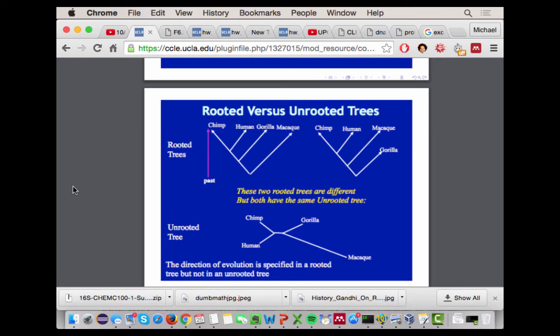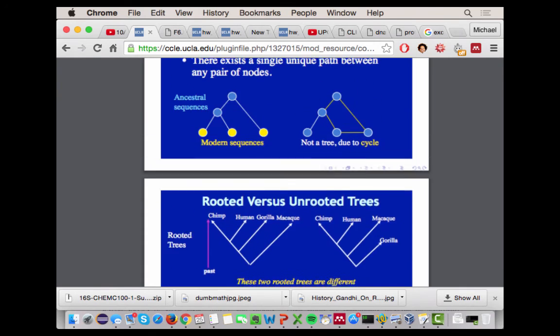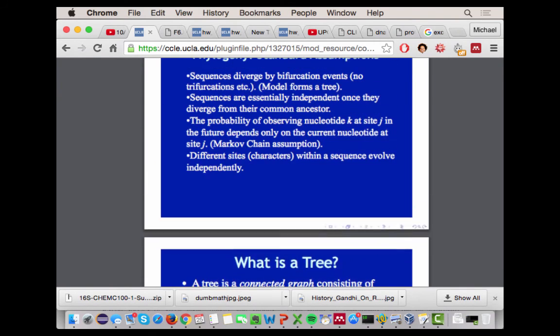So any other homework questions? How do I specify the location of the root? Just put an arrow or a star or a circle. As long as I can understand what you're annotating, it's fine.